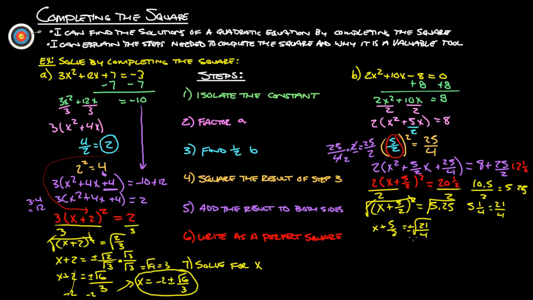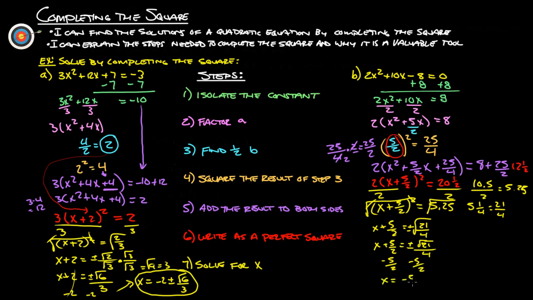Okay, good news is, the reason why we did this is, look, square root of 4 is going to work out nice for us. So we got x plus 5 halves equals plus or minus the square root of 21/4. So then all we got to do is subtract 5 halves from both sides. And we should be done.